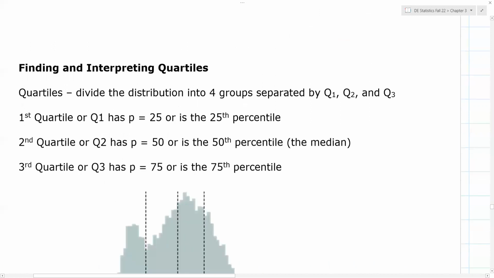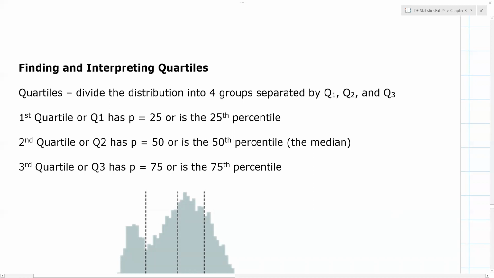Now we're going to look at quartiles, and quartiles, similar to percentiles, it just cuts, there's less of them. So there's 100 values in a percentile. You can be the first percentile all the way through the 100th percentile. When we deal with quartiles, there are 3 quartiles.